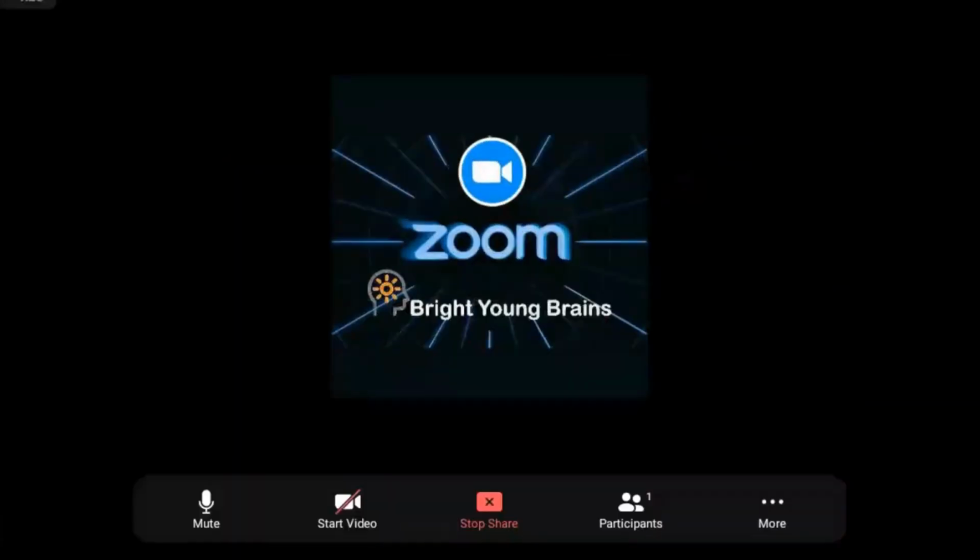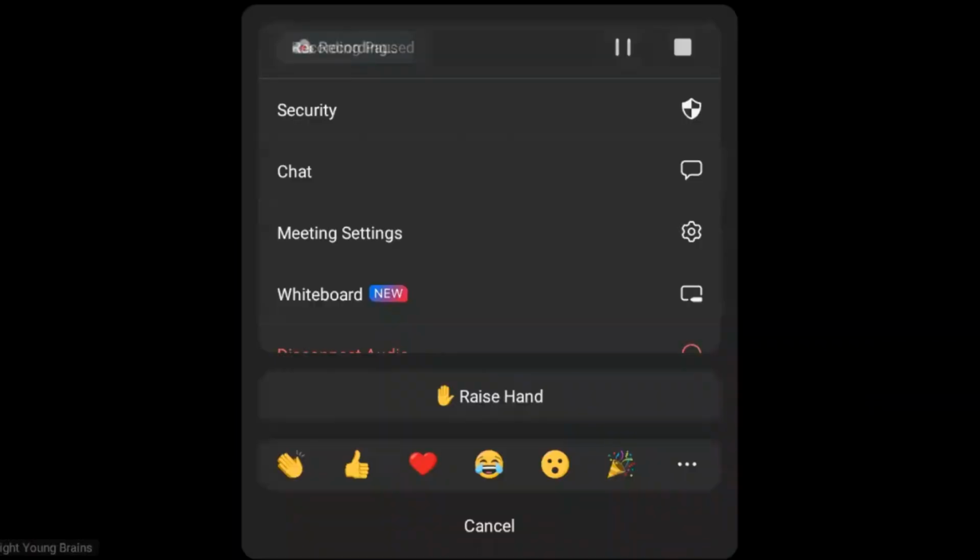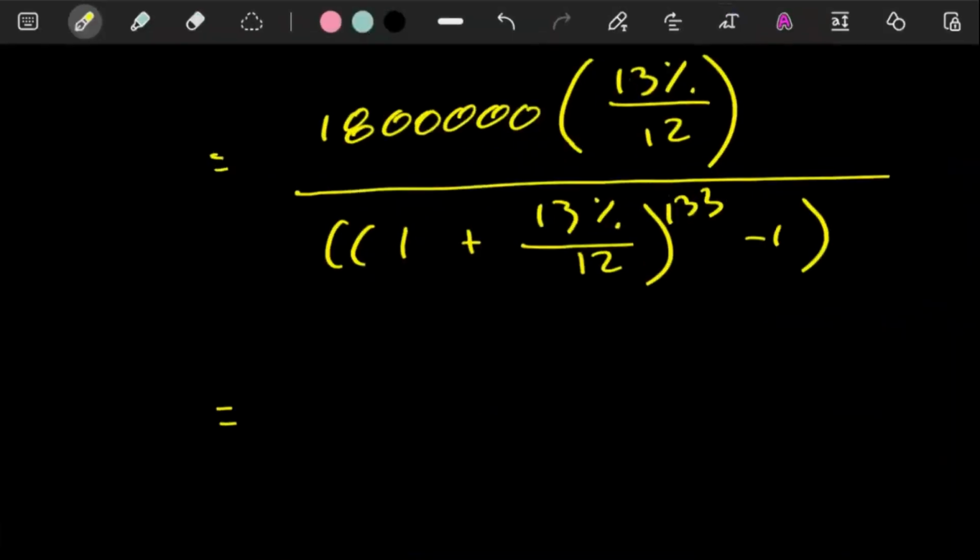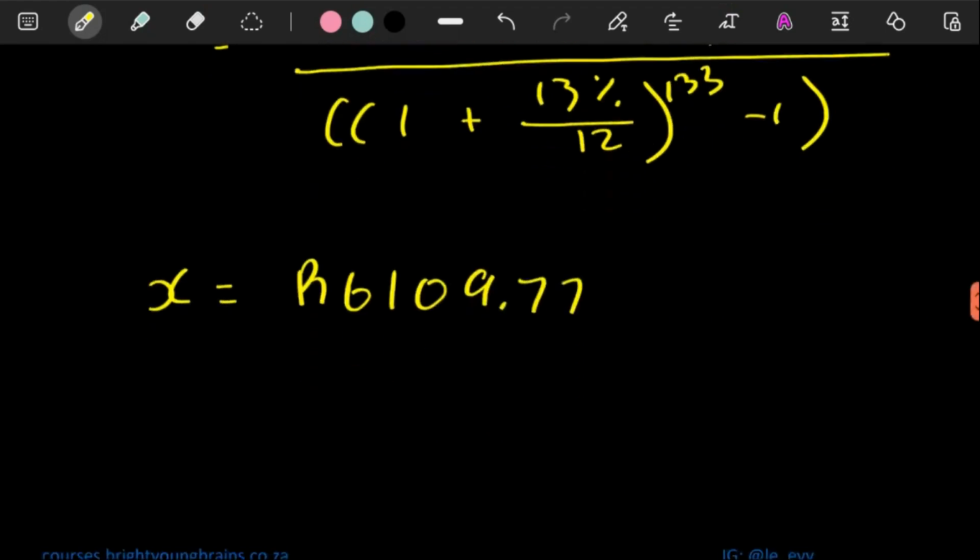Okay, so putting all this in the calculator, let's see what we are going to get. The value of x here is going to be equal to 6,109.77.